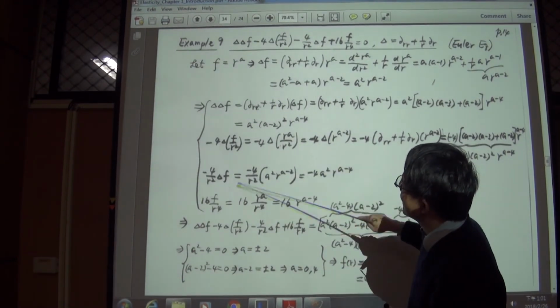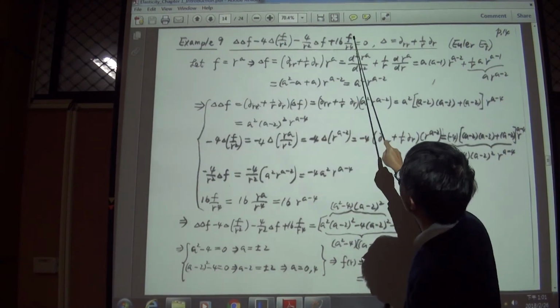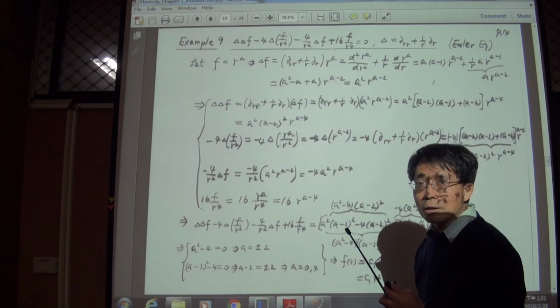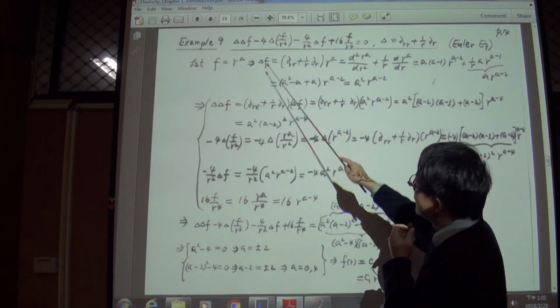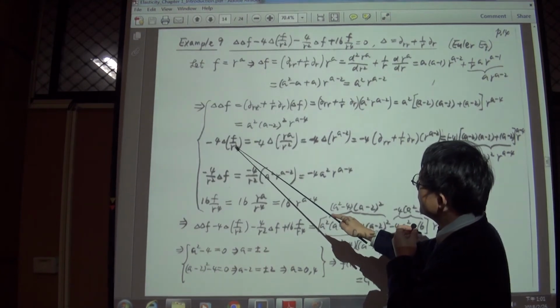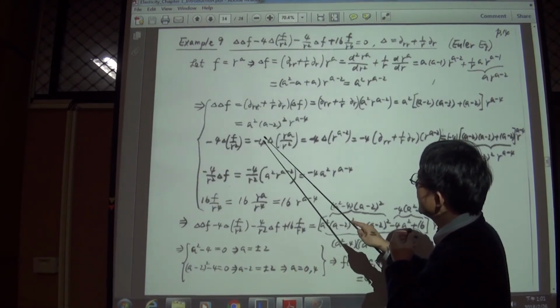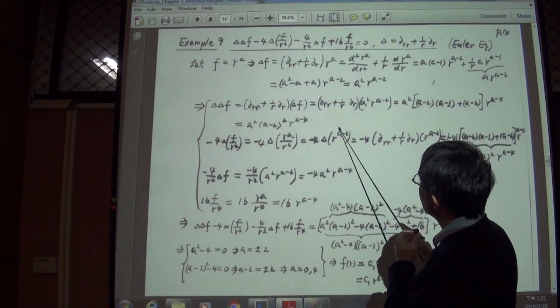Once we do this, we have four terms, 1, 2, 3, 4, and then we can deal with the equation. Let us do it term by term. This one, this one. But now this one is here, and this is Laplacian f equal to r^a. So this is r^(a minus 2).